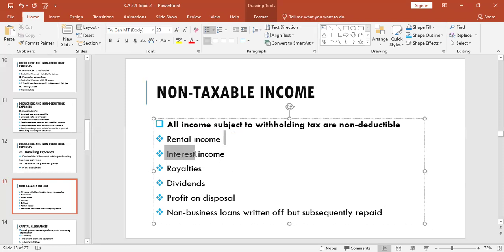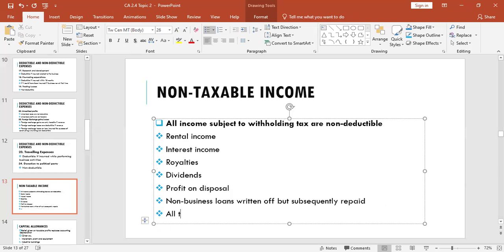All these incomes are supposed to be recognized at gross.